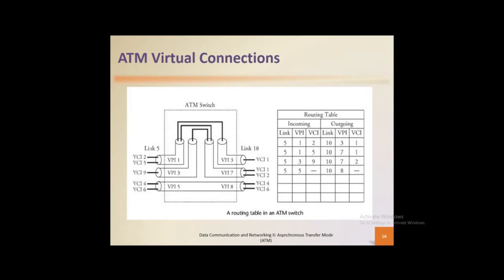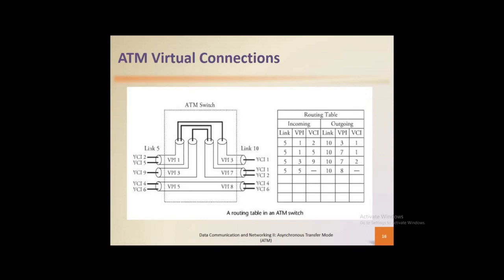Going in and out, they both have three key virtual paths, or three key roads, and within those roads we have lanes.